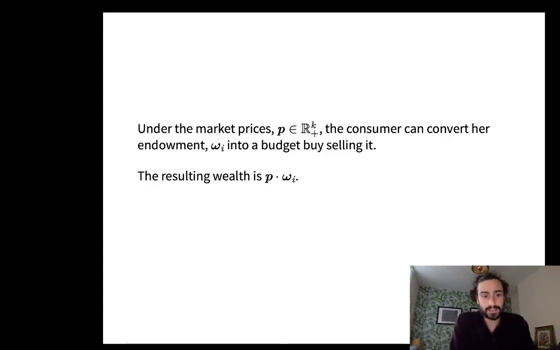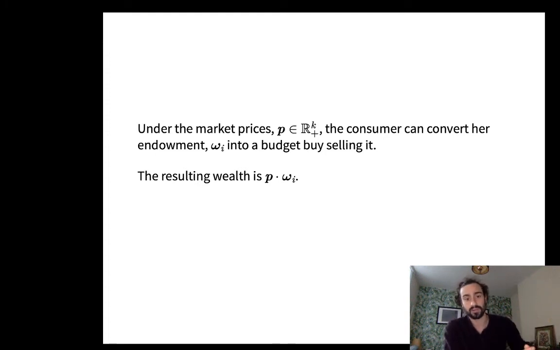So as discussed in the previous video, at a given market price, so a market price is a vector in R^K, which determines the price in market one and market two up to market K. So that's a price for bell peppers, a price for artichokes, a price for bananas, and the consumer can then convert an endowment into a budget. So how do you convert an endowment into a budget? Well, you sell everything you have.